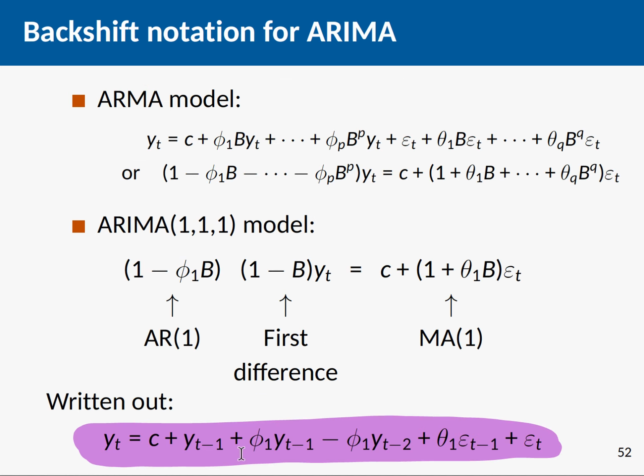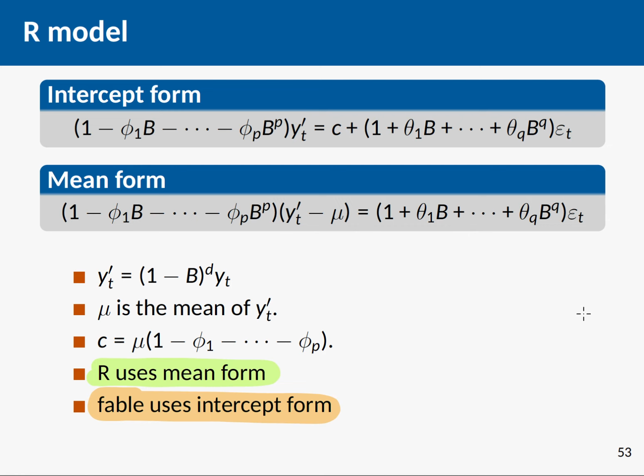If you're wondering why we have different lags here, it's because we are integrating the time series. We are taking the first differences of the time series, which results in more lags being represented in this equation. Now there are different forms of representing these models. This is getting more into theory.